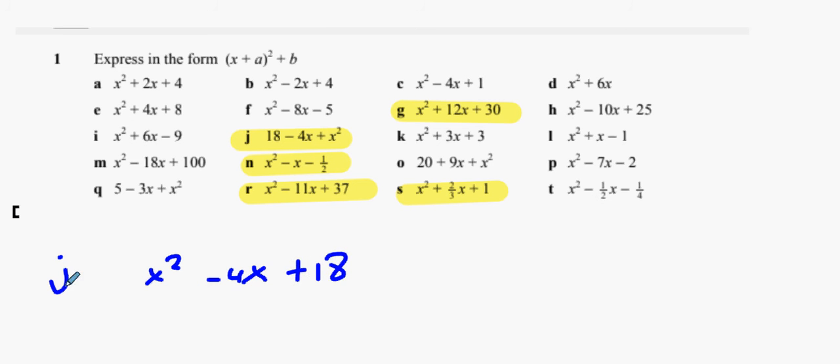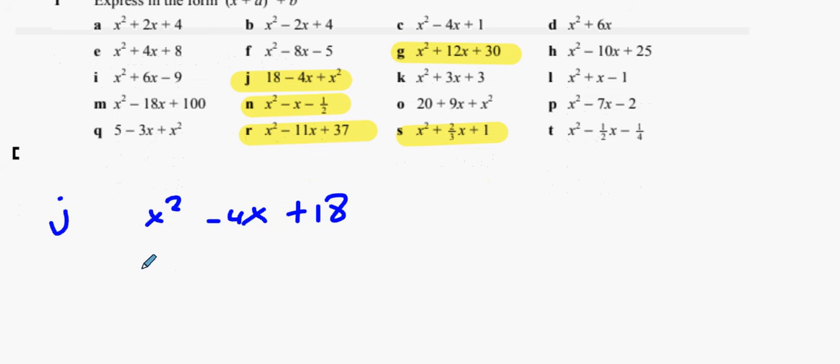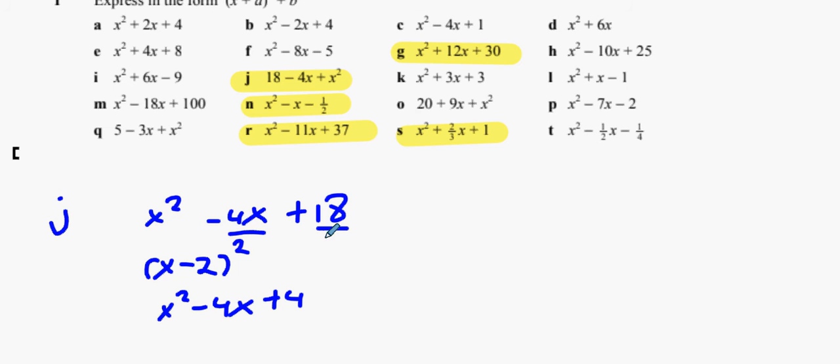Cool, then what did you do, Luke? Luke halved the 4x. Perfect. Then you multiply that out, and what do you get? Yeah. But you wanted 18. Yeah, so Luke says x minus 2 squared plus 14. Yeah, that's a handy one, isn't it? That should take care of that.